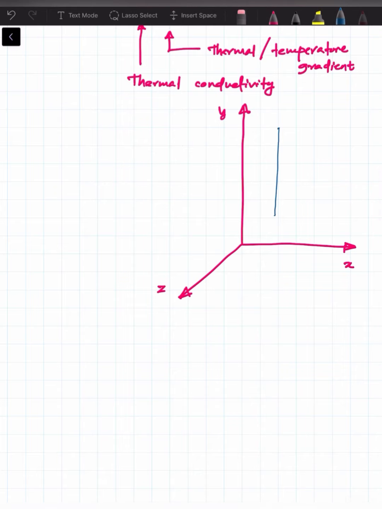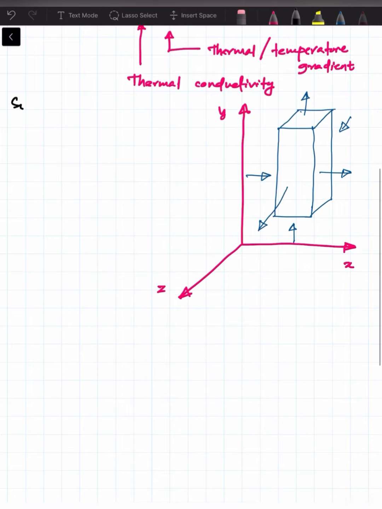Okay, that looks okay. Let us draw a 3D slab which looks very 3D. I'm not very good at drawing, but I'll try. In this direction, we have the heat transfer in x direction, here we have the y direction heat transfer, and here we have the z direction heat transfer. All are conduction heat transfers.